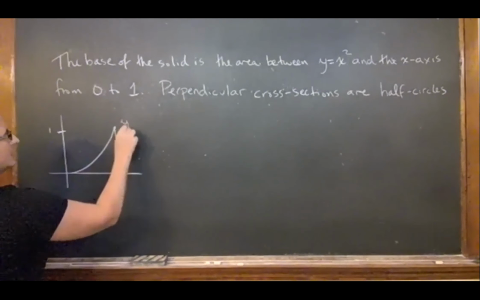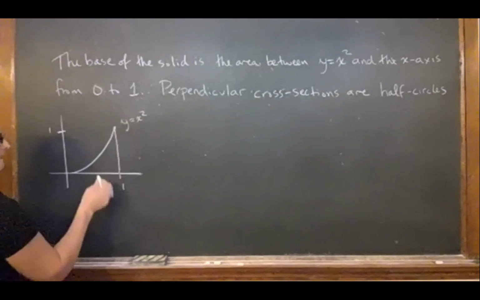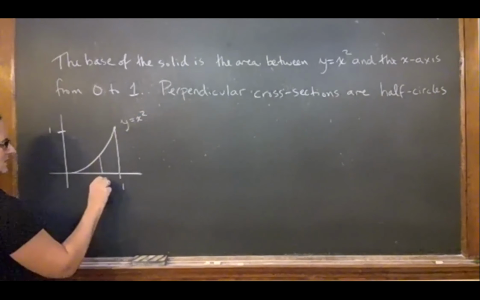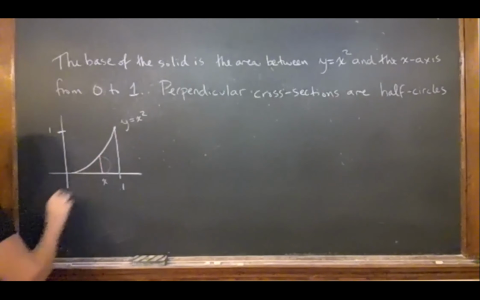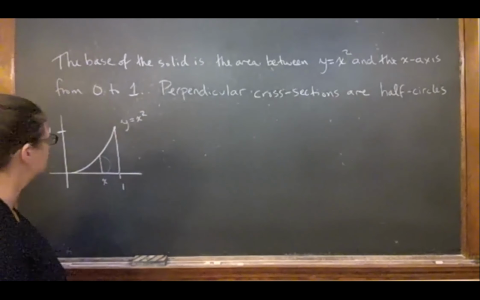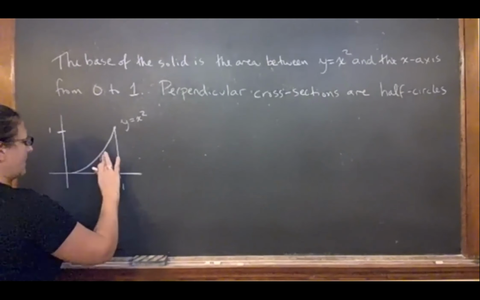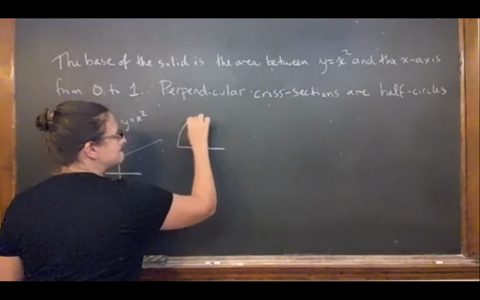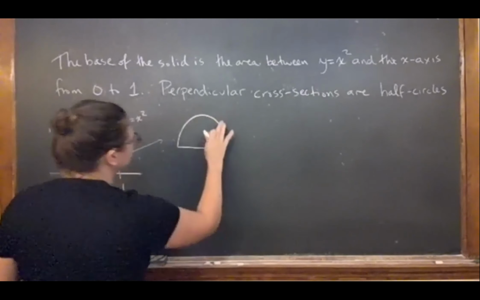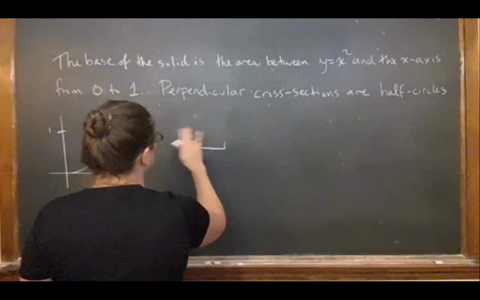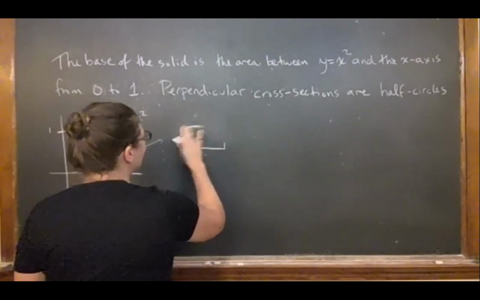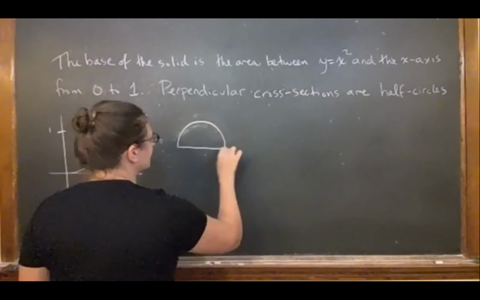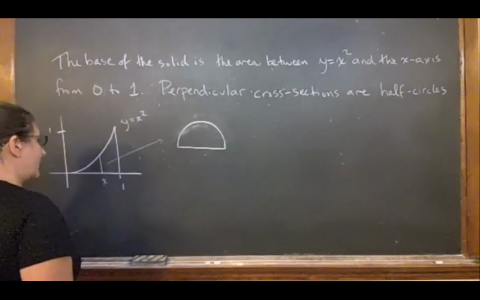Okay, this is y equals x squared. And so at some point x, you have this half circle, which you can't see because I didn't draw it well, but let's bump it out and draw it well. Okay, it looks terrible. All right, close enough, right?